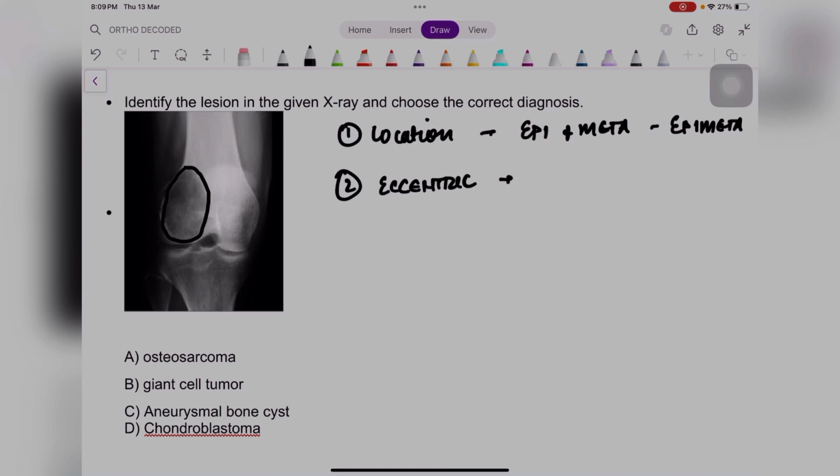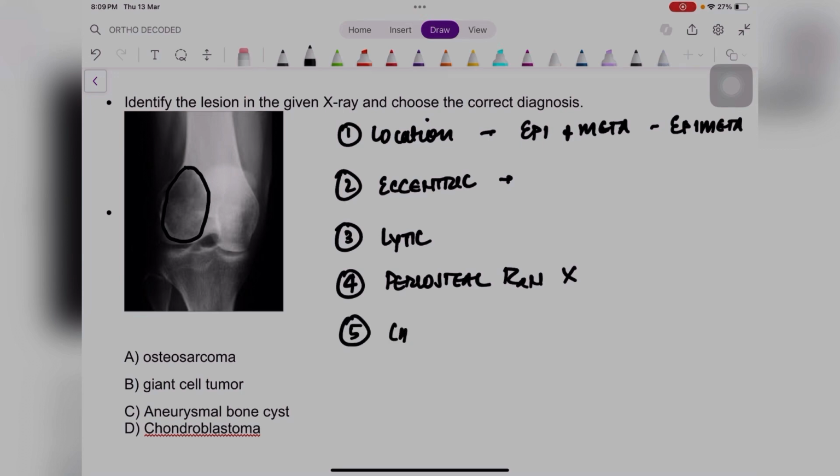So that is your second clue. Third, it is lytic. You don't see any other matrix. Do you see any periosteal reaction? No. Do you see any calcifications? No. So with all these, epimetaphyseal, eccentric, lytic lesion, you can blindly say it is a case of giant cell tumor.